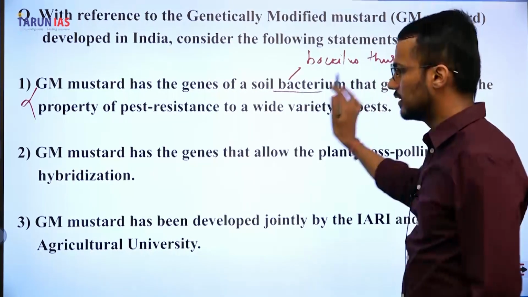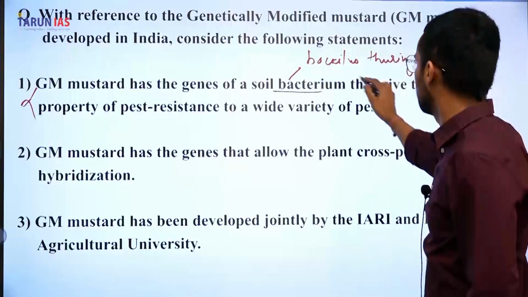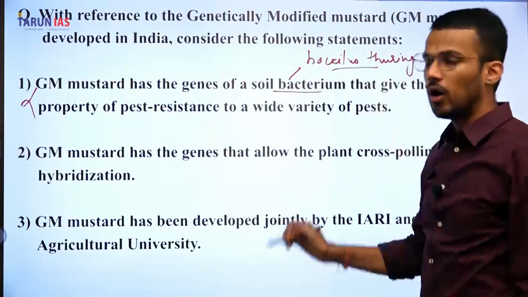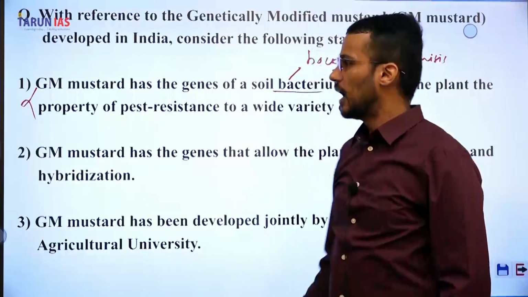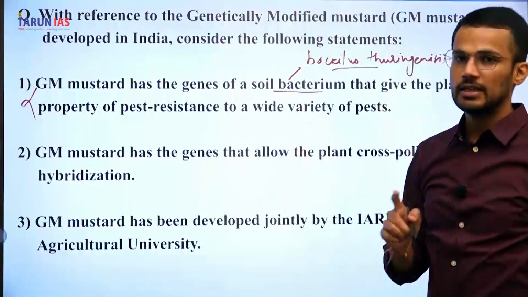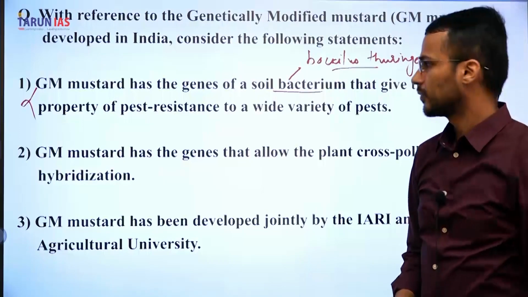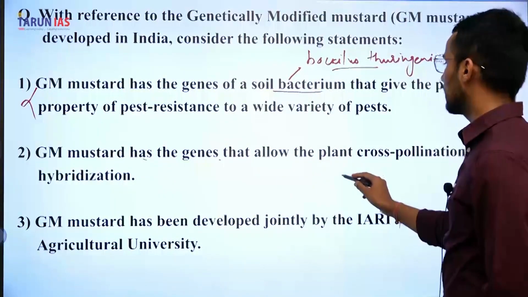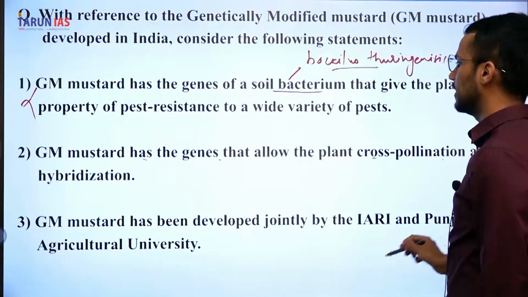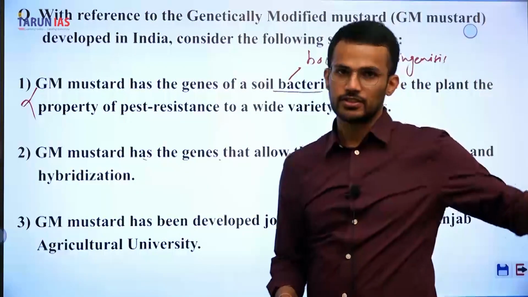So this Bacillus thuringiensis, that means Bt, is not used in genetically modified mustard, and hence the first statement is incorrect. Second, GM mustard has the genes that allow the plant cross-pollination and hybridization.